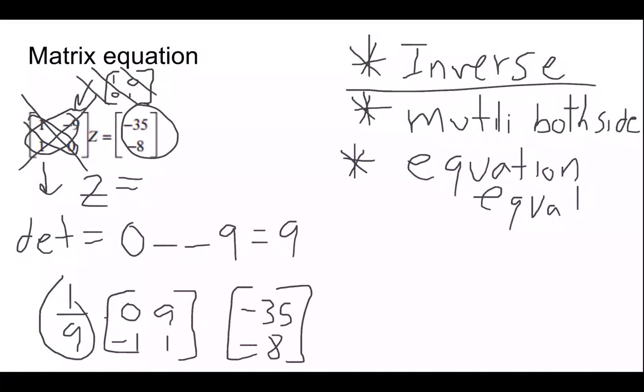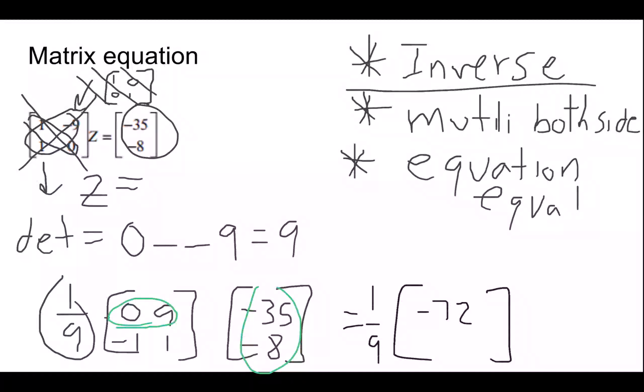Now we multiply matrices row by column. So we're going to do all the steps and multiply the rows and the columns. So when we multiply this out, I'm not going to forget my 1/9. Well, we'd get 0 times negative 8, which will give me negative 72.